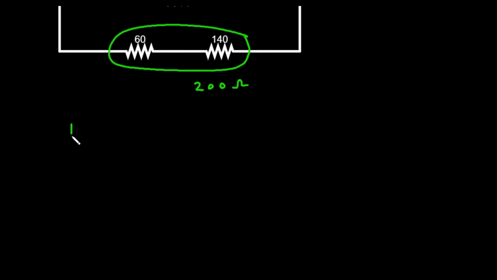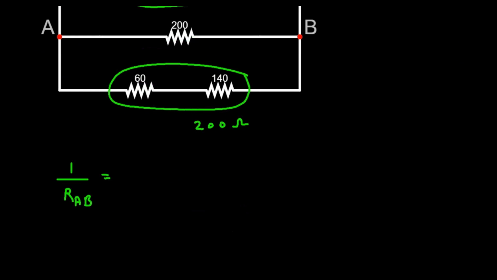So therefore 1 upon RAB is equal to 1 upon 100, then plus 1 upon 200, then plus 1 upon 200.